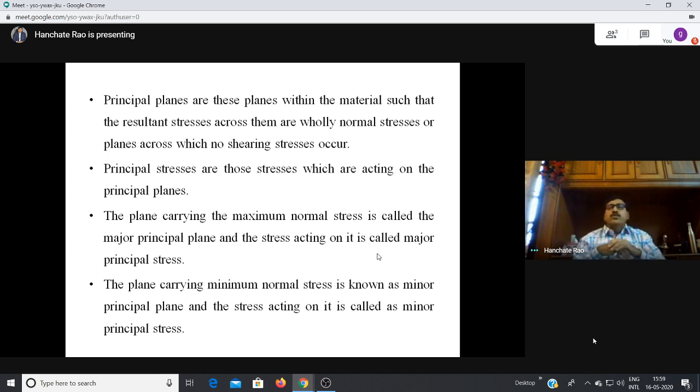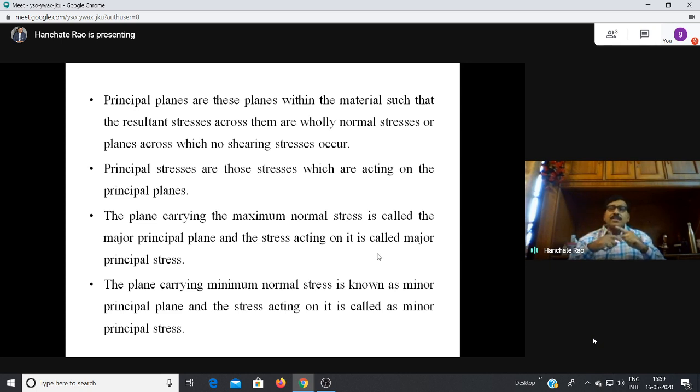In a three-dimensional situation, we have three principal planes. So if we have three principal planes, we have three principal stresses.